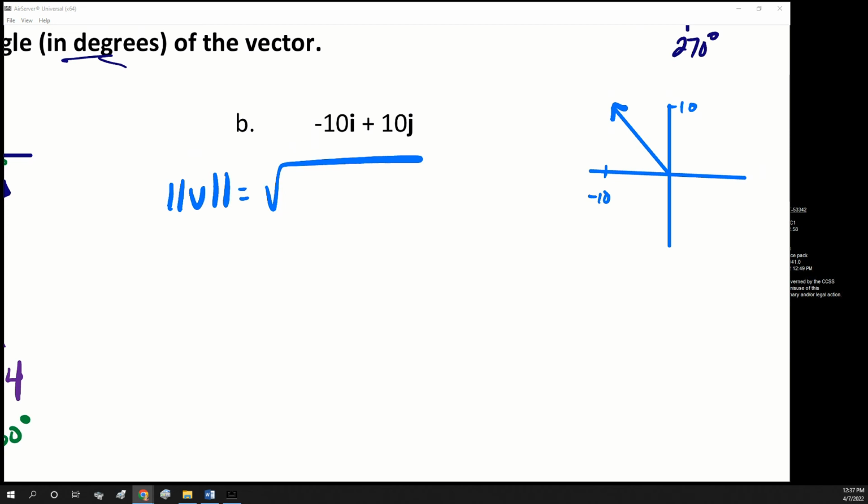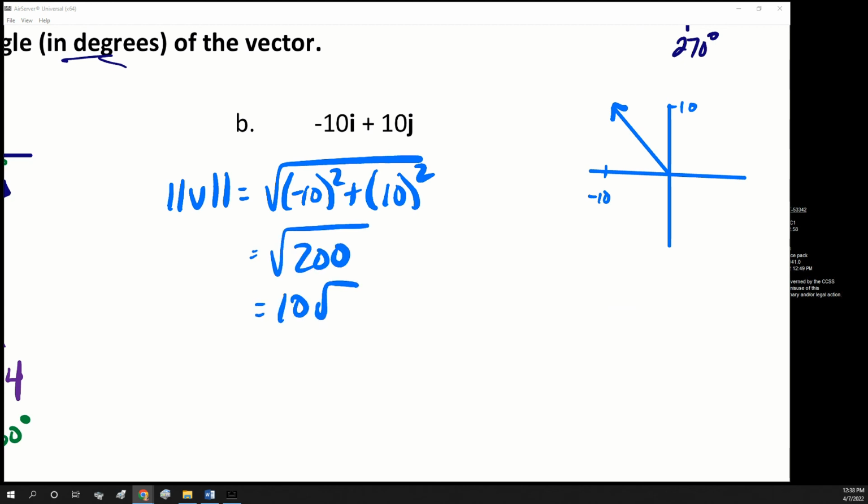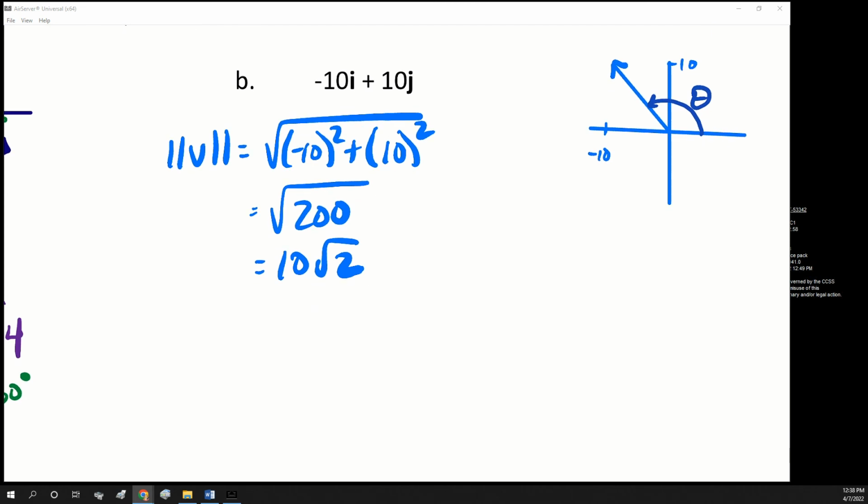To find the magnitude, we're just going to do the square root of a squared plus b squared. All right, and then we know the tangent of theta is equal to b over a, or just -1.